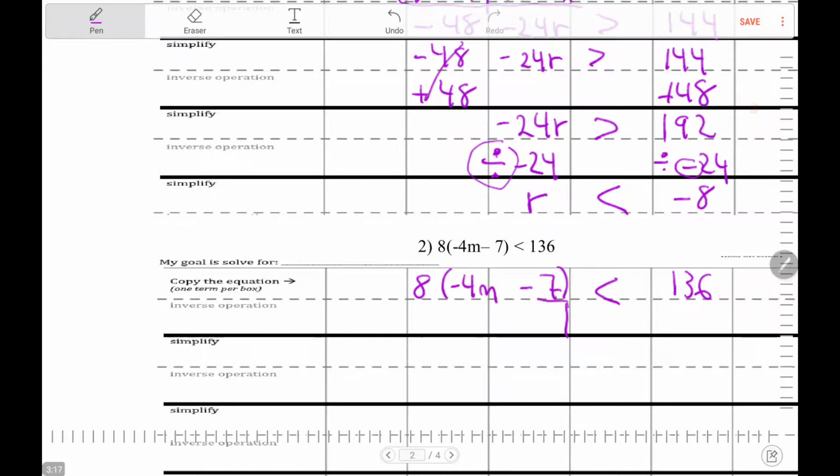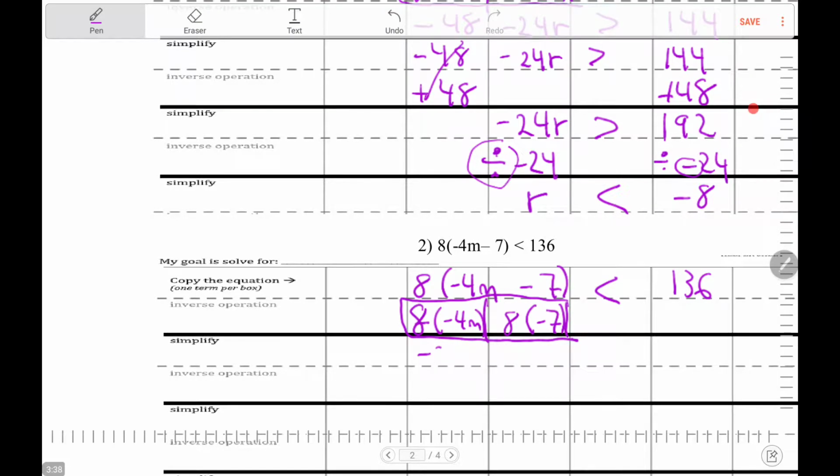So 8 times -4m is... let's do 8 times -4m. We have 8 times -7. Okay, what is that? 8 times -4m is -32m. 8 times -7 is -56. This is less than 136.